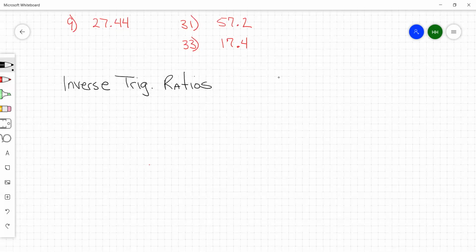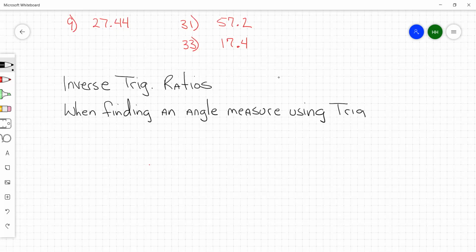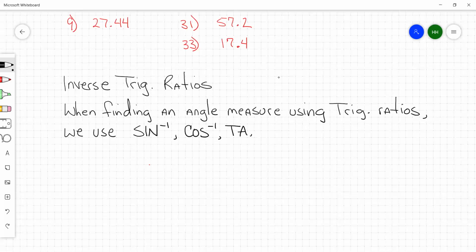And we're going to say that when finding an angle measure using trig ratios, we use inverse of sine, inverse of cosine, and inverse of tangent.